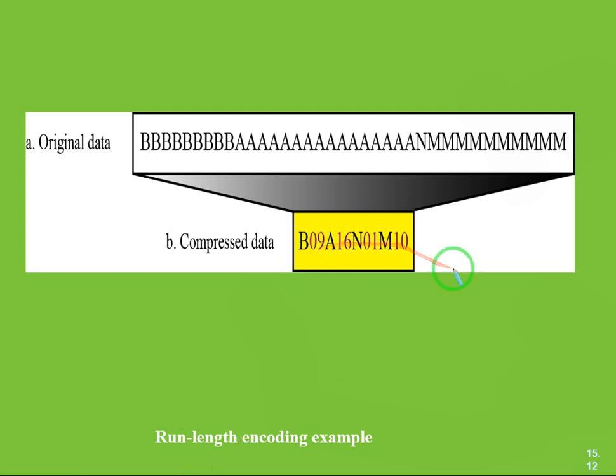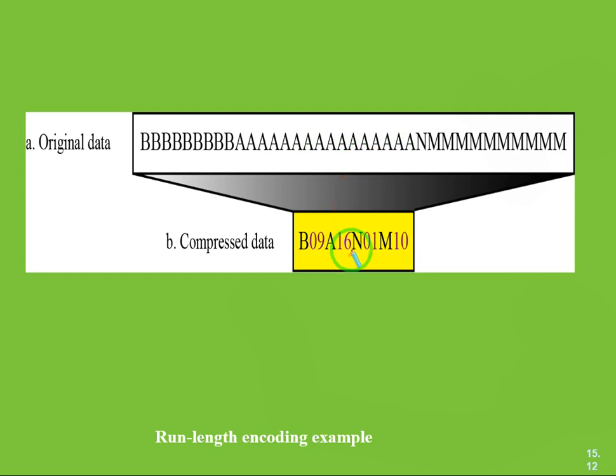Once we compress our data, our result will be B9, meaning we have B in consecutive form nine times: 1 2 3 4 5 6 7 8 9. Then we have A16, 1 2 3 4 5 6 7 8 9 10 11 12.